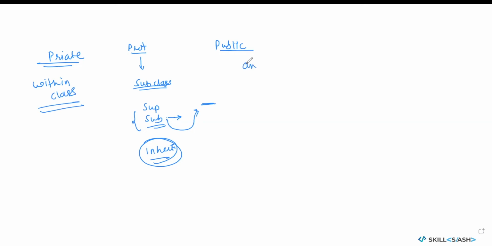Public can be used anywhere, protected from subclasses and the same package, but private variables can be used only from the class itself.